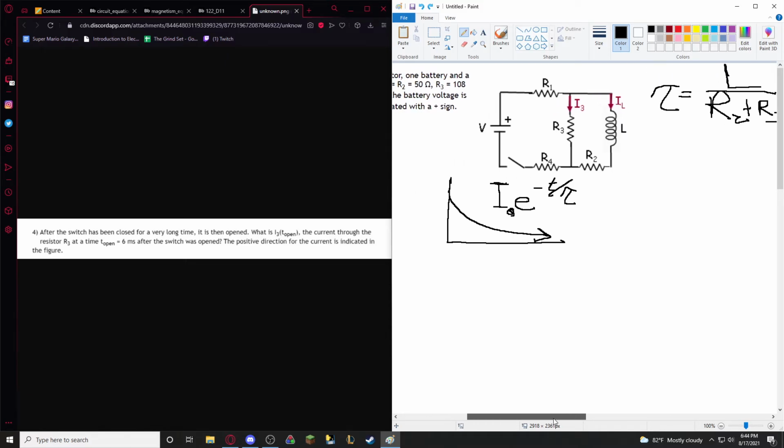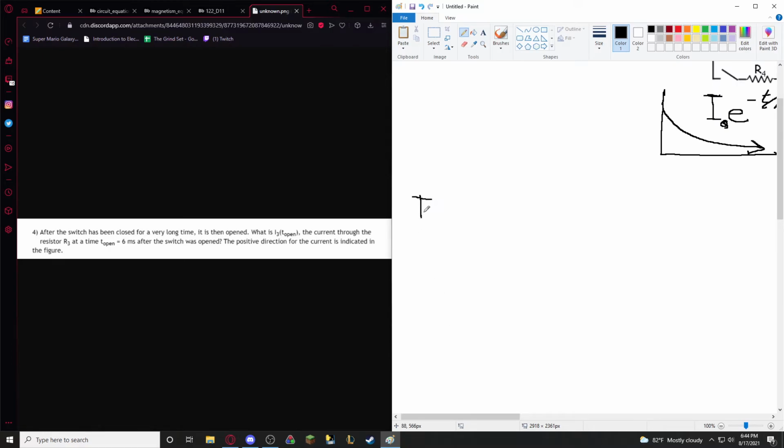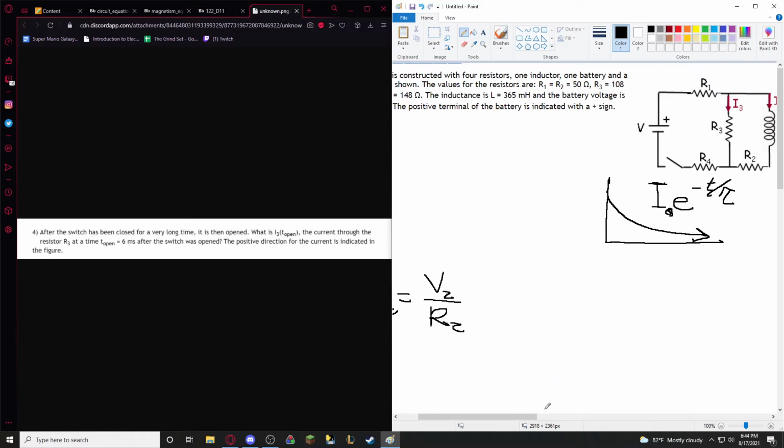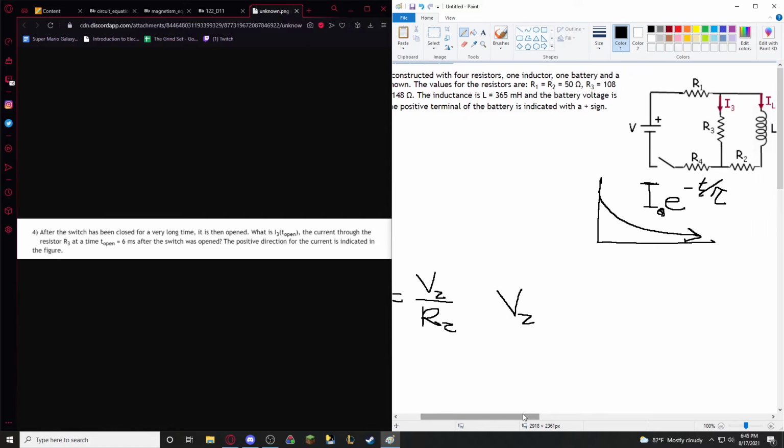Okay, that's a good start. Let me write this down here. So I2 is equal to V2 over R2. And then we need to figure out what the voltage is, because we're given the resistance but not the voltage. The voltage of 2 should equal the voltage of 3. It's equal to V3.